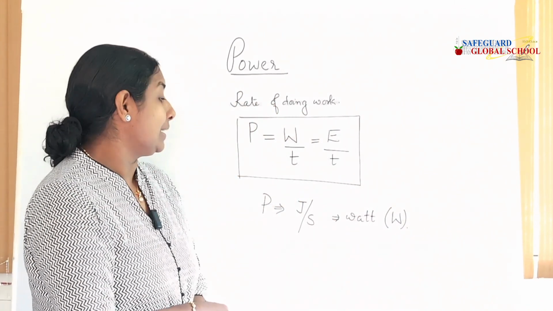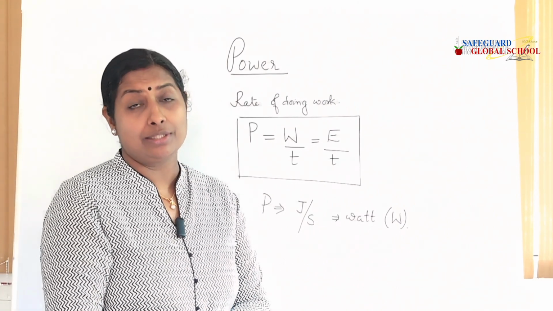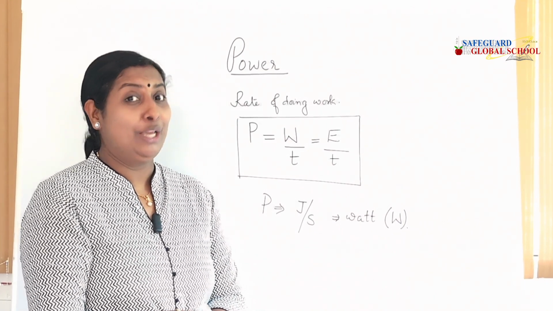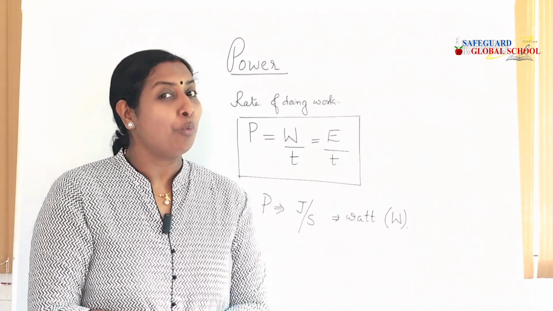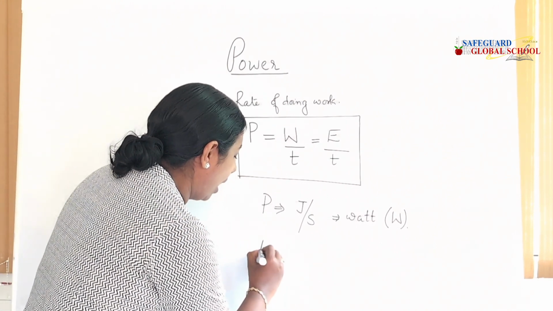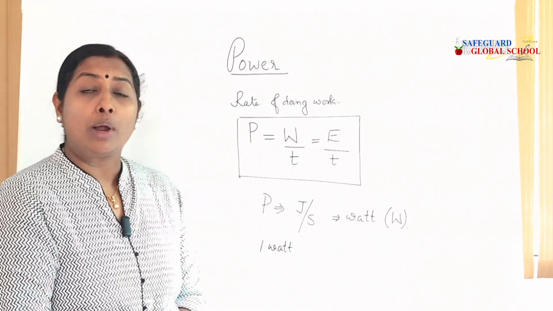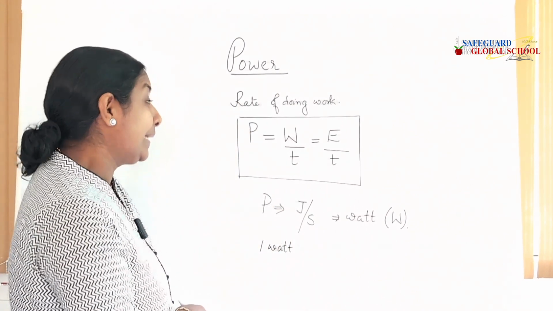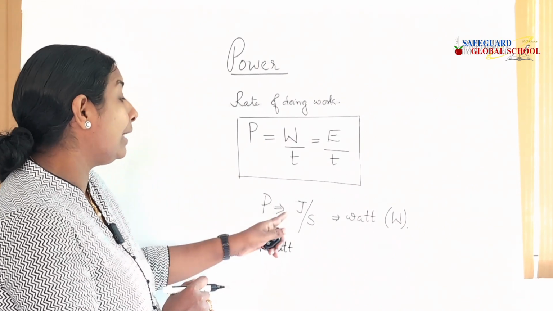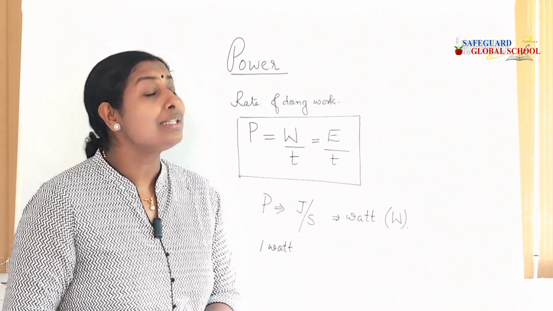So the unit of power is joule per second and this joule per second is equal to watt. So I may ask you a funny question. What is the unit of power? Listen children, now we are going to define what is 1 watt. 1 watt is the power of a body or a machine which can deliver an energy of 1 joule in 1 second.